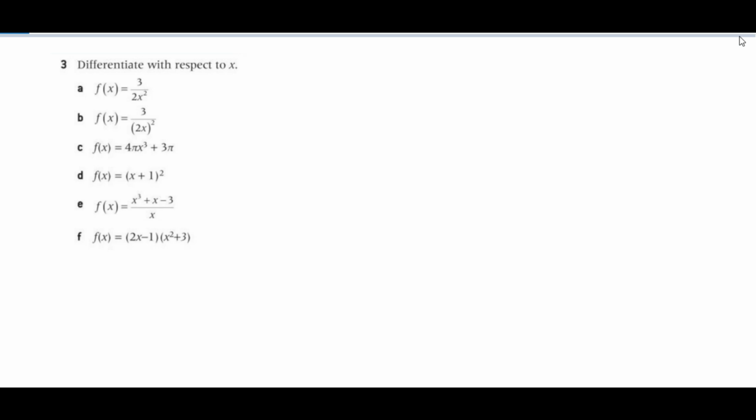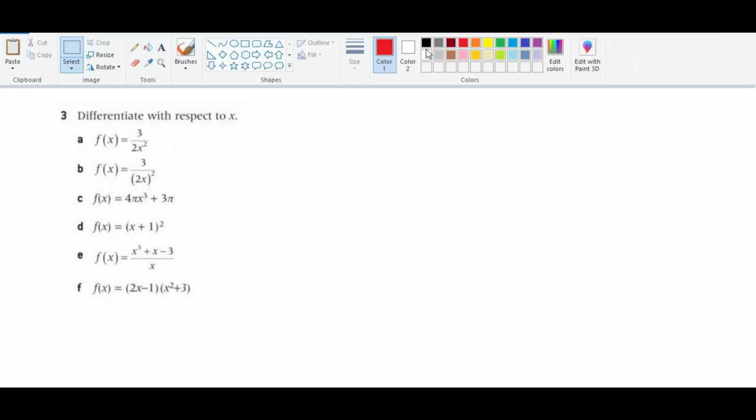Now let's solve these questions of third A, which are to be differentiated with respect to x. So f dash x, we can write d by dx of 3 by 2 x square. This 3 by 2 is a constant, so it can come out.